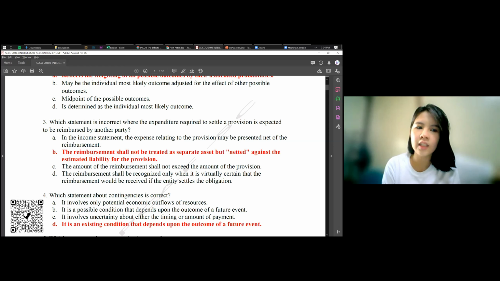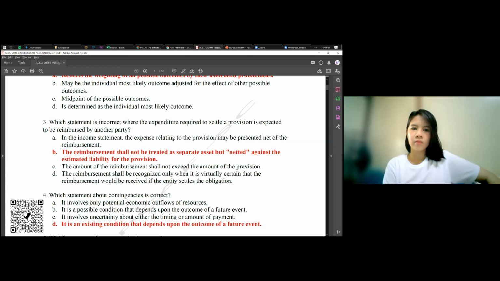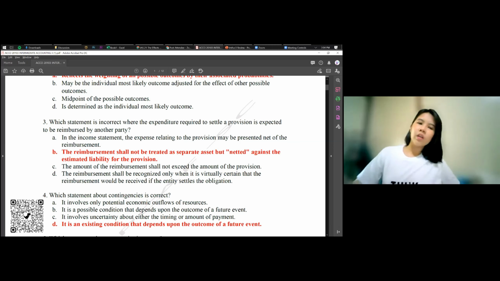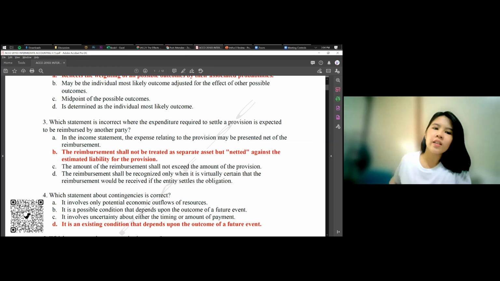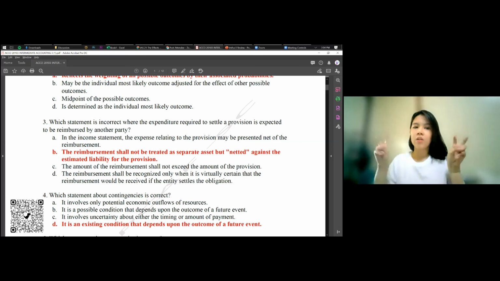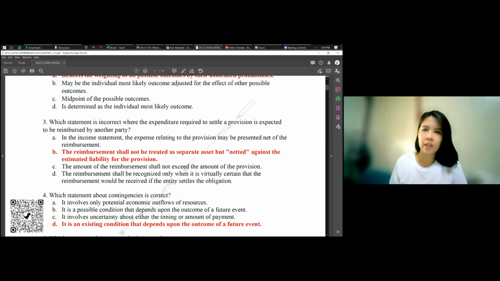Ang tinitingnan natin kung possible ba is yung outcome, or kung how do I explain this? The condition already exists, but the happening is not yet in there. So I wouldn't say that it is a possible condition because the condition is already set up.